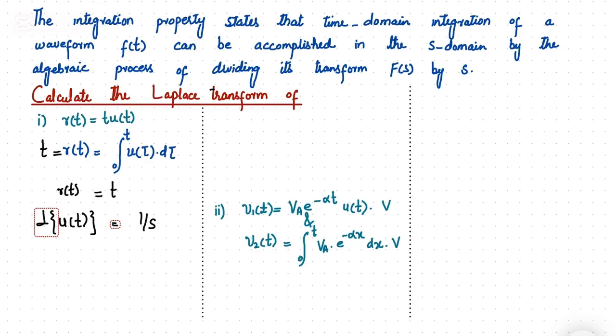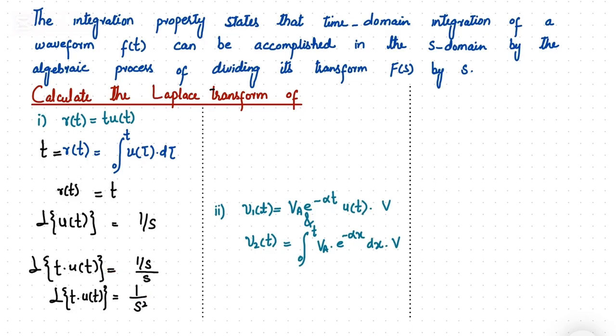Using the integration property of Laplace transform, because the ramp function is the integral of the unit step function, the Laplace transform of ramp multiplied by u of t, making it causal, is going to be F of s divided by s. So this is going to be 1 over s square. The Laplace transform using the integration property we have calculated as 1 over s square.